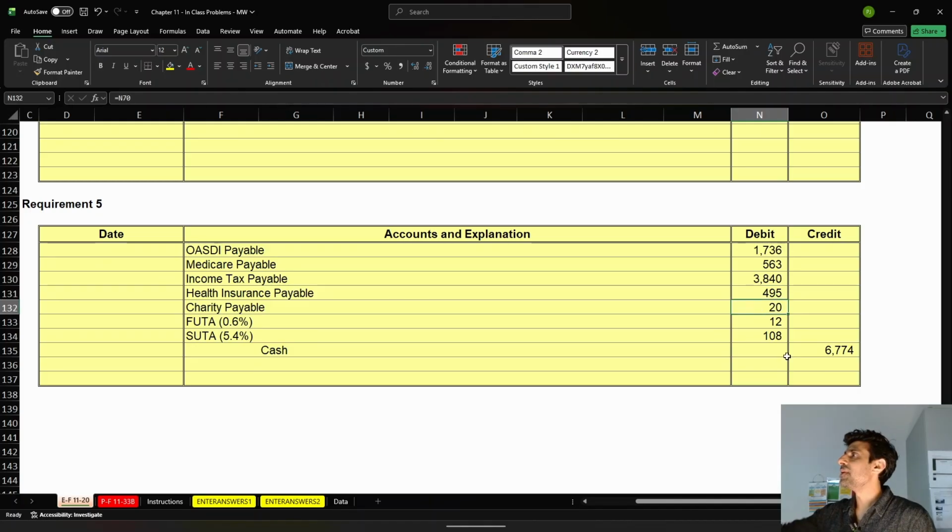Charity payable, that's going to be to United Way or whoever. FUTA and SUTA, this is going to go to the EDD. It's the state department that manages the unemployment insurance. So though this will be like 5 different checks, it's all going to be cash. This amount total is how much is going to leave my bank account, split across these 5 different checks.